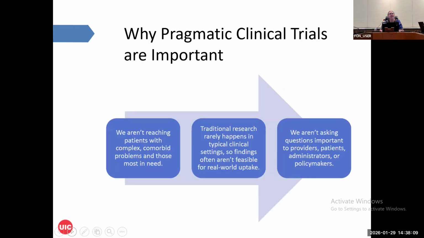Okay, now I'm going to spend a little bit of time talking about pragmatic clinical trials, because that's our next step as we're moving from randomized clinical trials to pragmatic clinical trials.